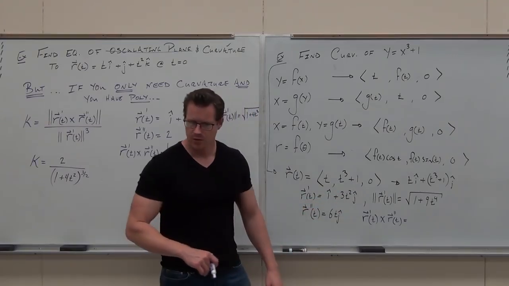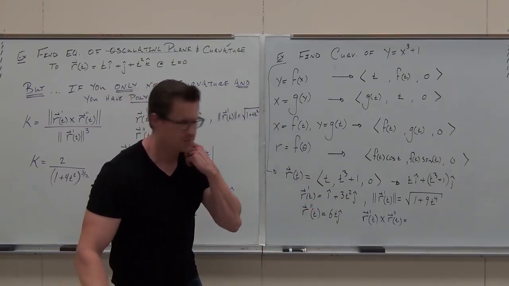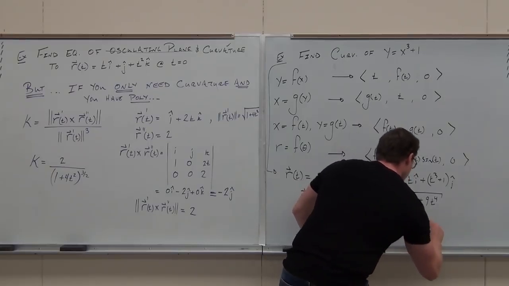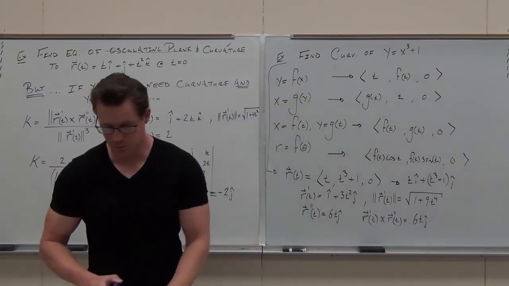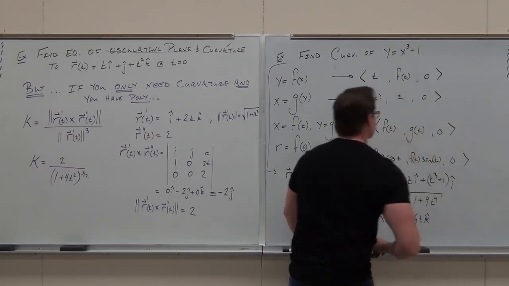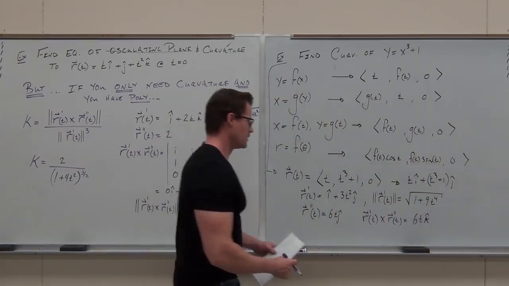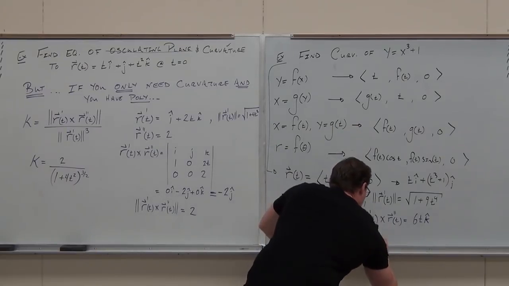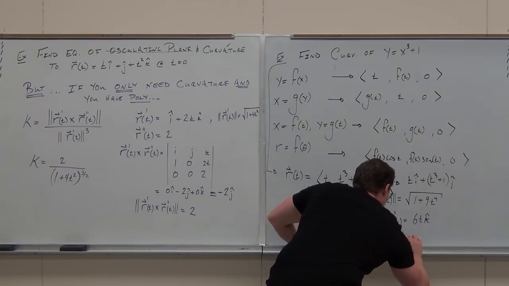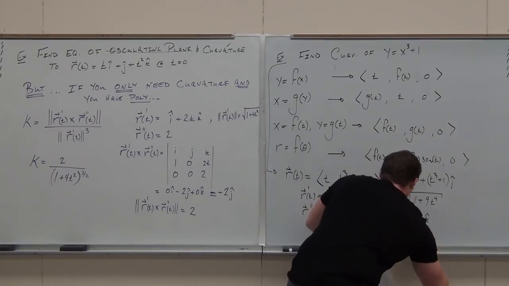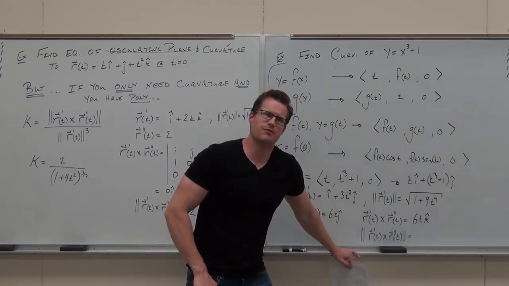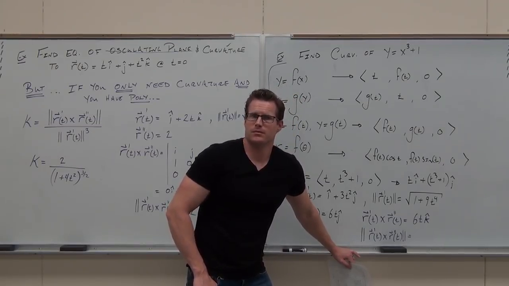If you cross product that, what we end up getting is simply 6t, K. Therefore, the magnitude, you tell me, what's the magnitude of a vector that has a single component?